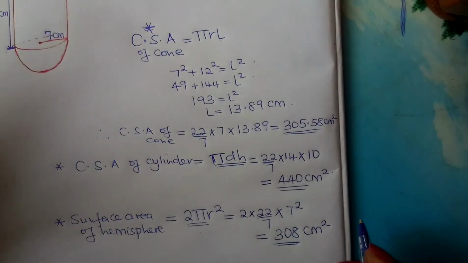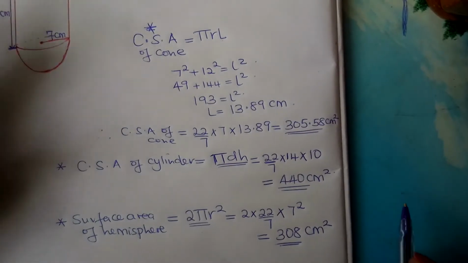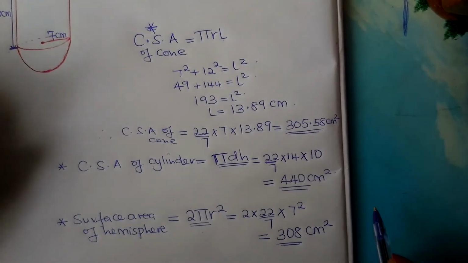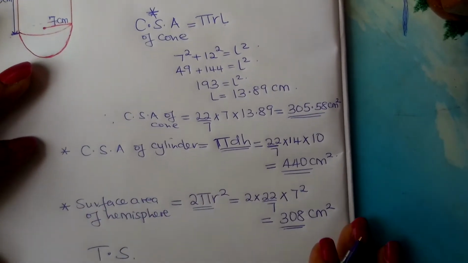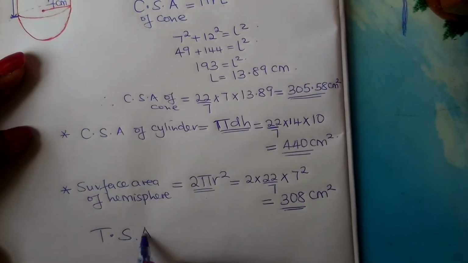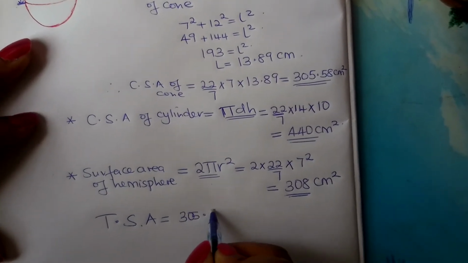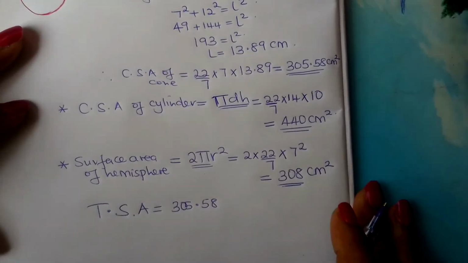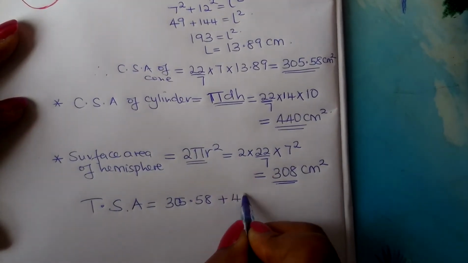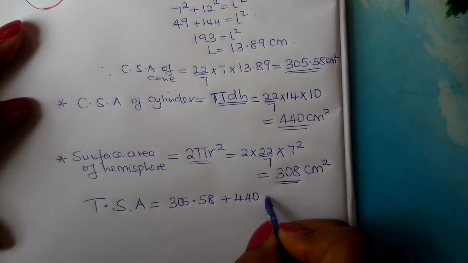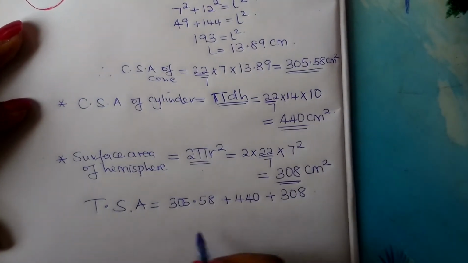Good. So learner, we now have the surface areas of the 3 parts. So what is the total surface area? You add all the 3. The curved surface area of our cone plus the curved surface area of the cylinder plus the surface area of our hemisphere here.